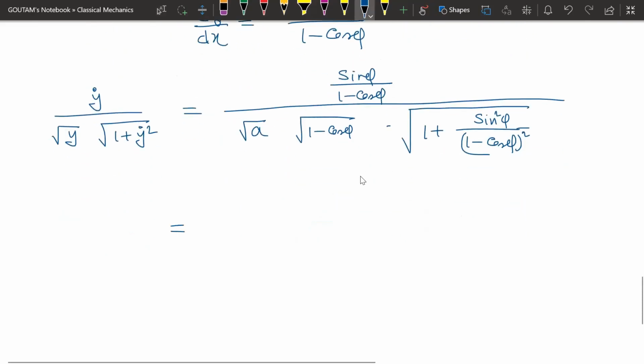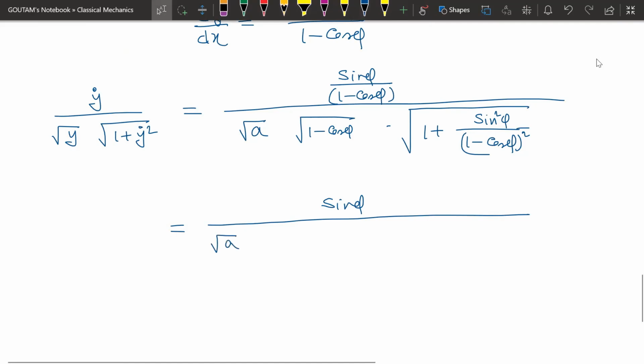Now this will be sin φ. If we add this term with 1, then there is (1 minus cos φ) square, and there is a root, so there will be a (1 minus cos φ) here. So it will go above, and this (1 minus cos φ) will get cancelled with that term. In that case, in the numerator, we will get only sin φ.